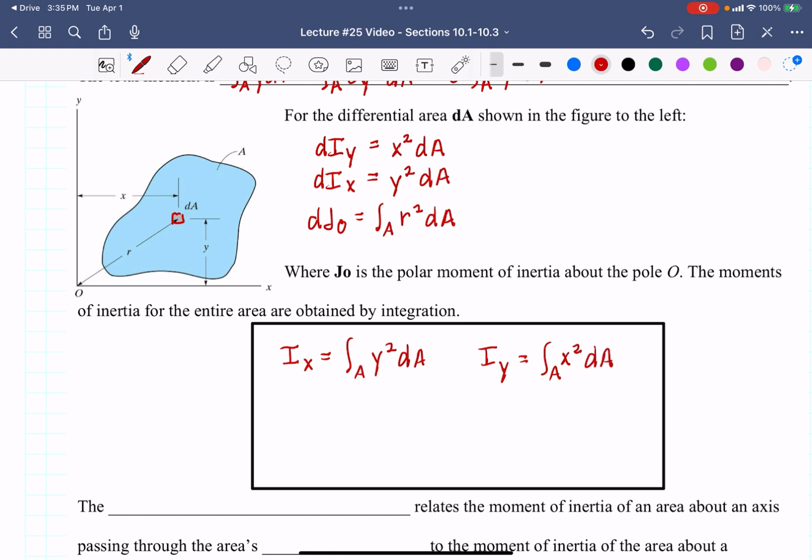And the polar moment of inertia about pole O is equal to the integral of r squared dA, which is the same as the integral of x squared plus y squared dA, which is also the same as I of x plus I of y.